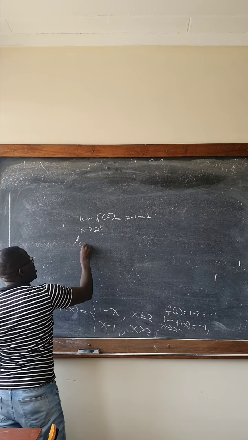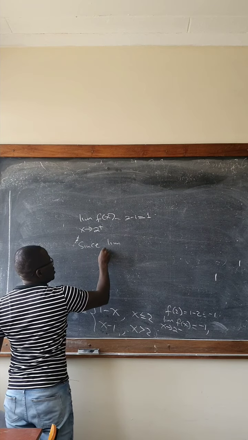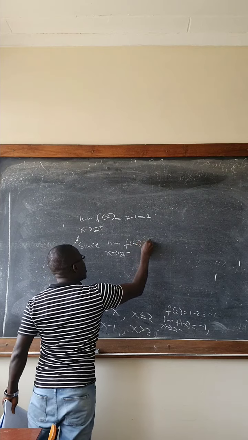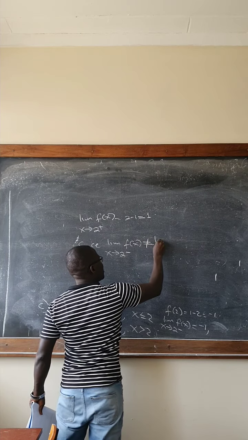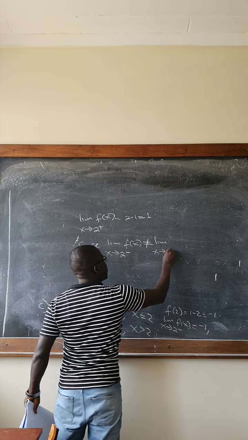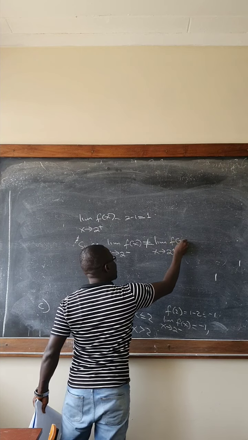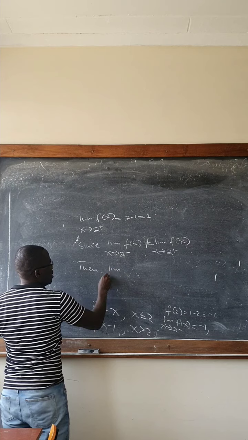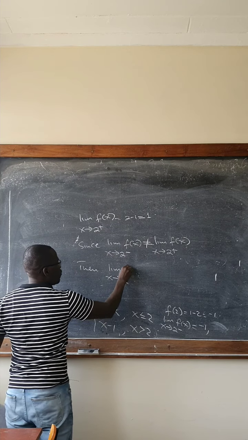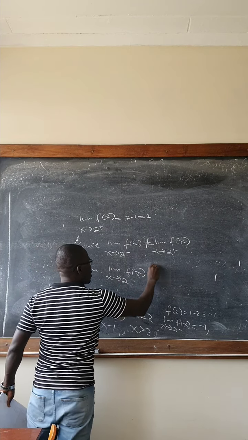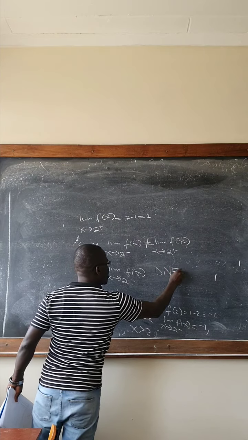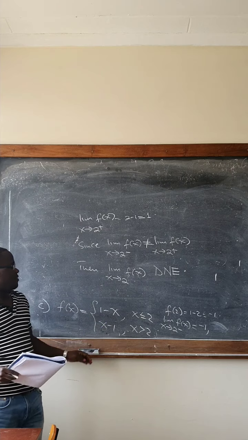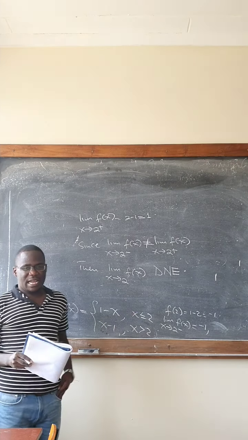And you can see that since the limit as x tends to 2 from the left of f of x is not equal to the limit as x tends to 2 from the right of f of x, then the limit as x tends to 2 of f of x does not exist.